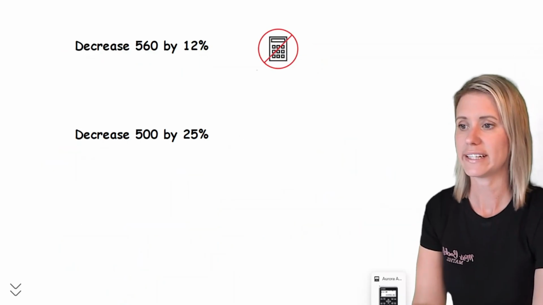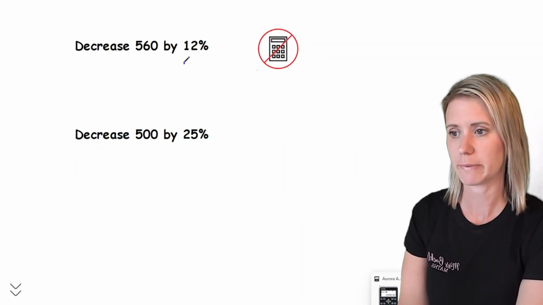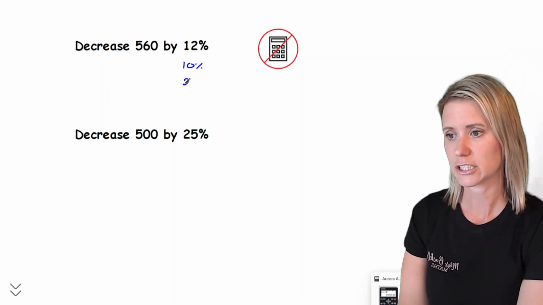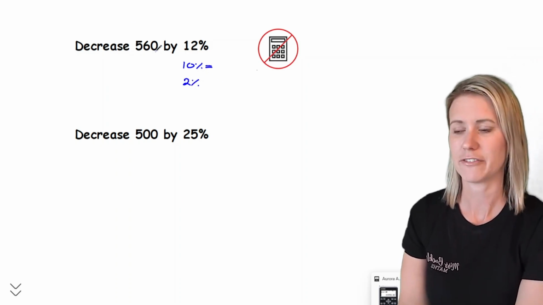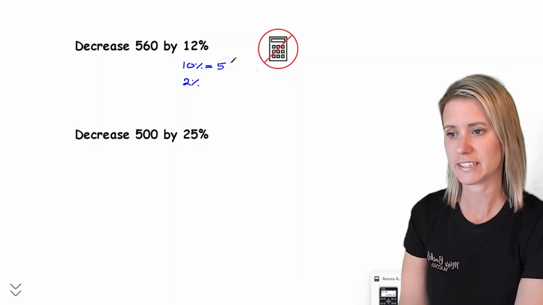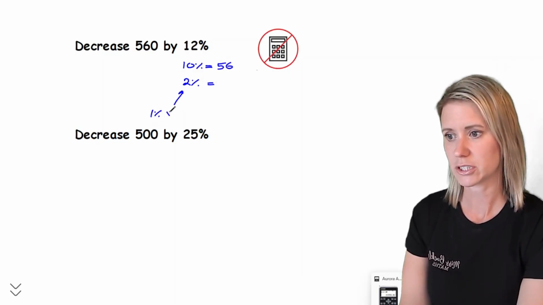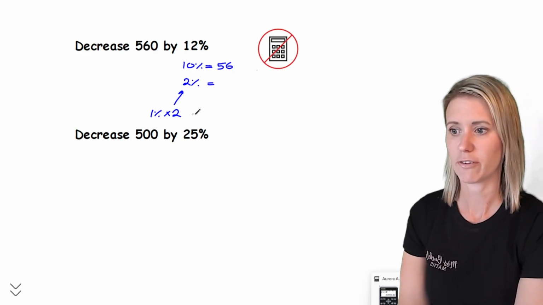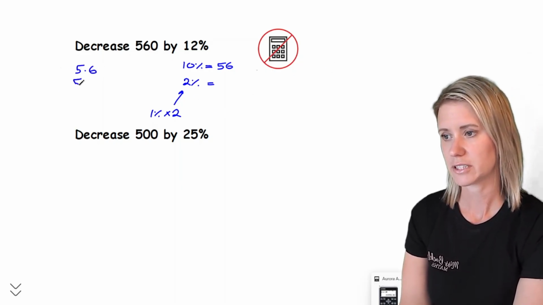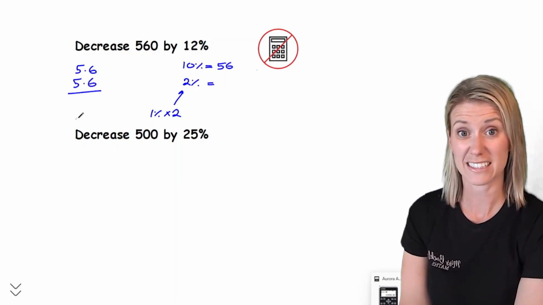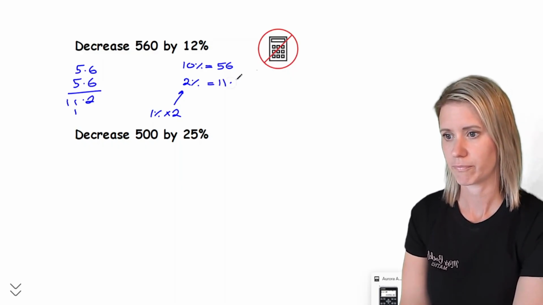Let's look at a decrease then. So decrease 560 by 12%. I'm going to split that 12% up into 10% and 2%. To find 10%, we divide it by 10. 560 divided by 10 is 56. To find 2%, I'm going to do 1% times 2. 1% is 5.6, so we're doing 5.6 times 2, or 5.6 added together, which is 11.2.